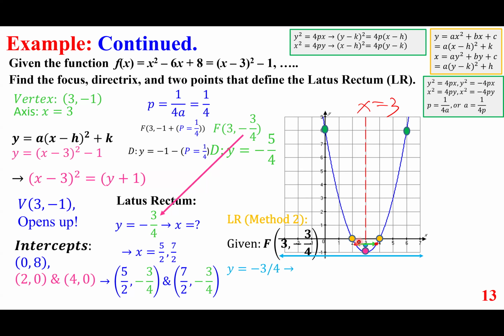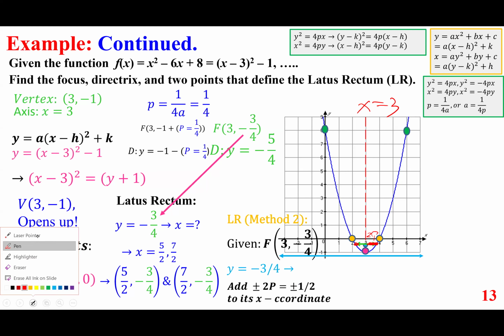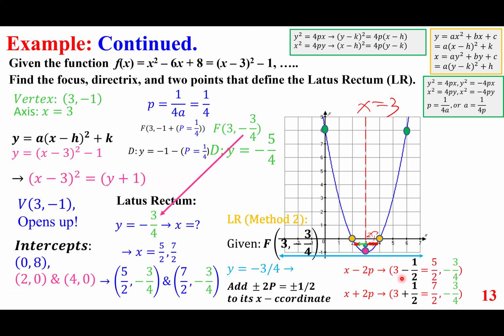And we know this distance is 2p, everybody. So 2 times p. Add and subtract, so plus or minus 2p, which means 2 times 1/4 is 1/2. Add and subtract 1/2 to its x coordinate. So 3 minus 1/2 makes it 5 halves and negative 3/4. 3 plus 1/2, 7 halves and negative 3/4. That's how you find the endpoints. Is this easier than this one? I believe so, but that's ultimately your choice.